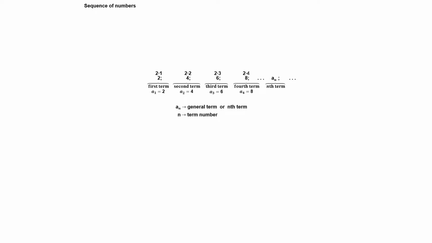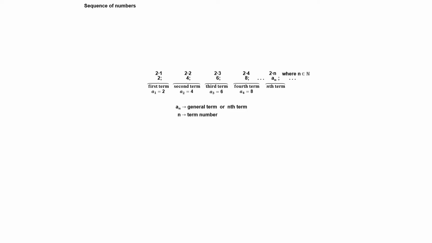This sequence can be represented as 2 times n, where n is a positive integer. You should keep in mind that the sequence does not have to start at n equals 1, but may start at n equals 0, n equals 2, or any other positive integer.